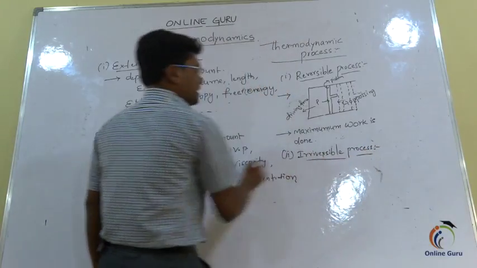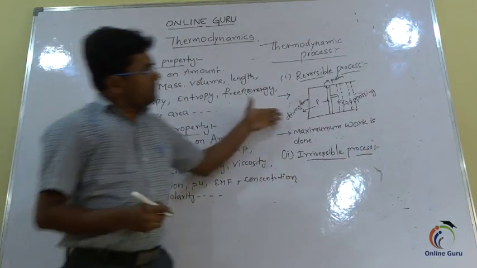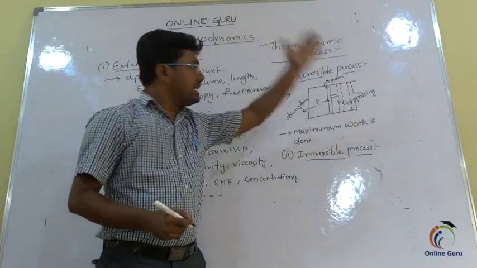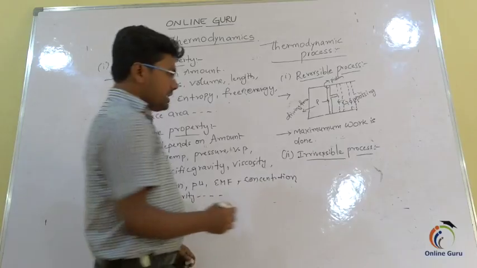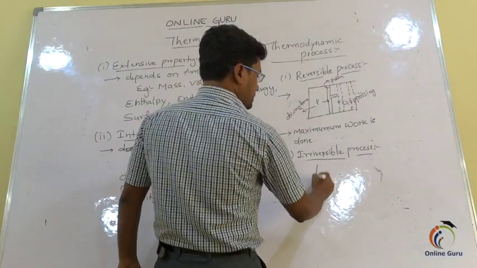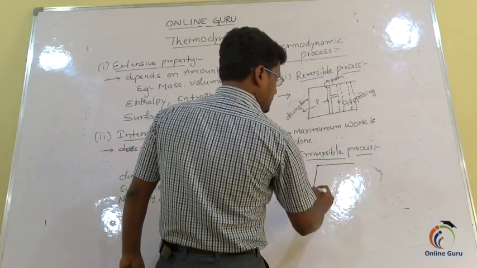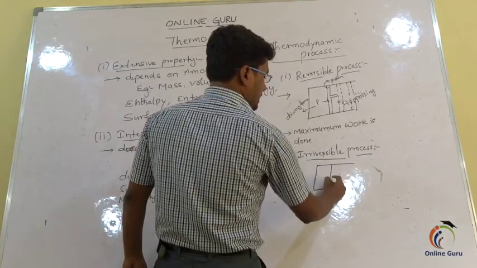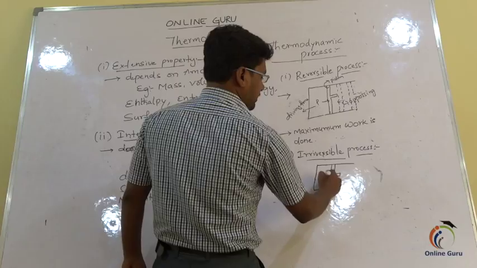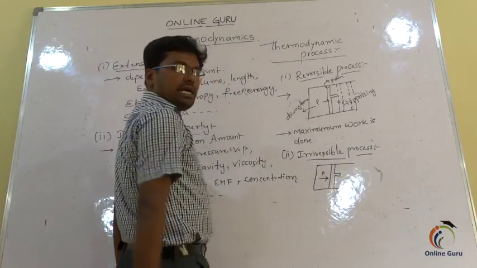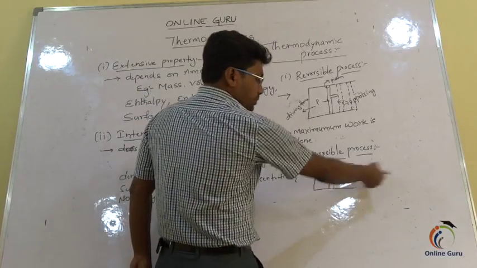Irreversible process. The process in which the driving force is very much greater than the opposing force is called an irreversible process. So this is the system we are taking, and this is the piston. Here this driving force is very much greater than the opposing force.